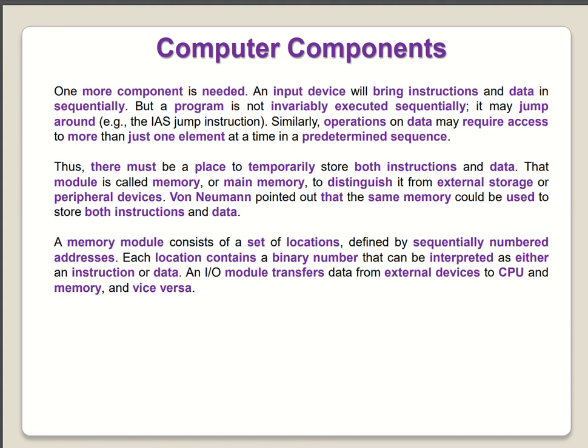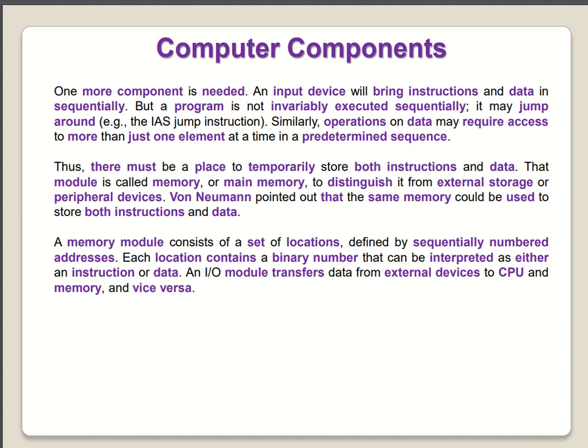This is the key concept of the John von Neumann architecture. But sometimes the program may have explicit jump instructions, and in the case of a jump instruction, execution won't be in a sequential manner.